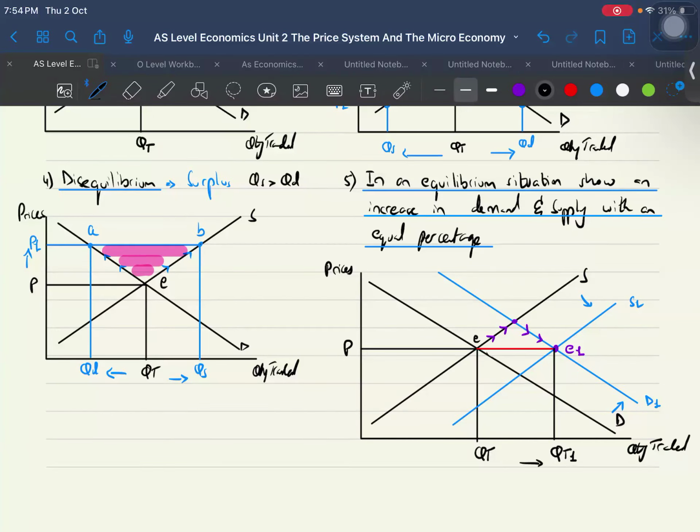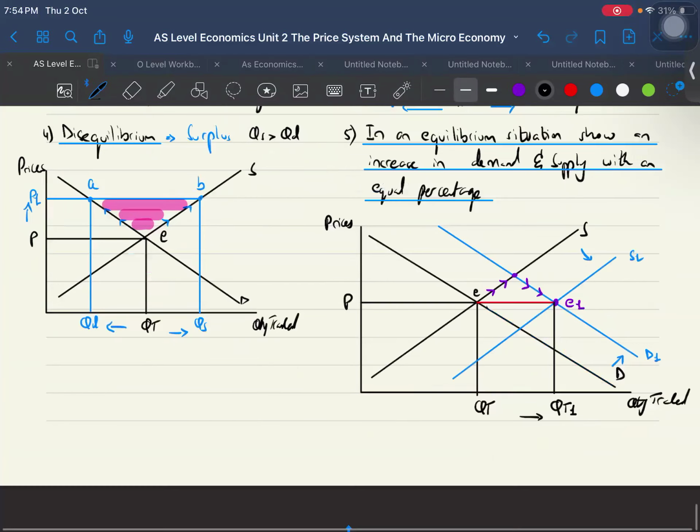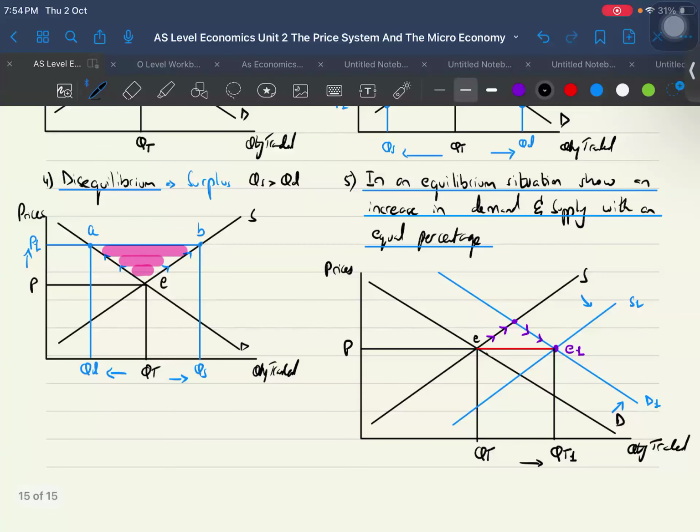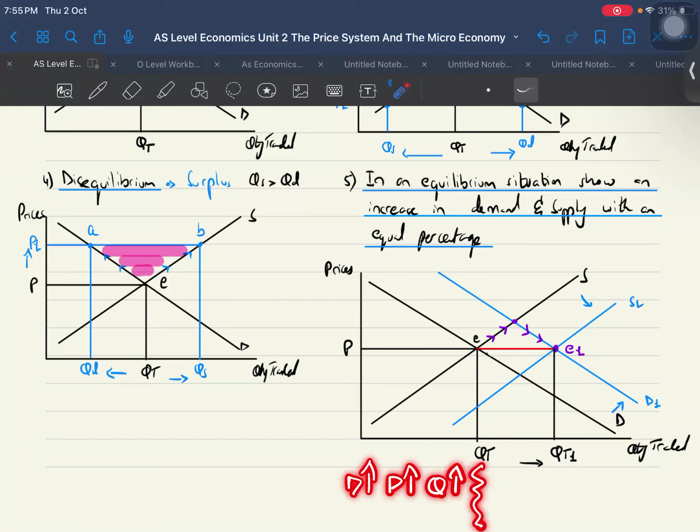So how did this take place? We'll just understand it. When you increase the demand, listen to me very carefully. When you increase the demand, the price increases, the quantity increases. Now, there is an increase of supply as well. The fact here is supply and demand both are increasing at the same proportion.